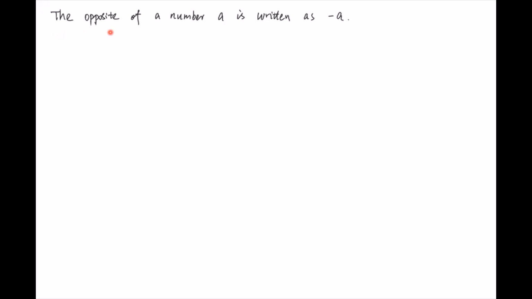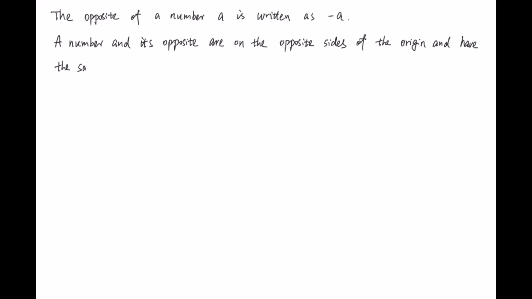The opposite of a number a is written as -a. Right here, a can be negative, positive, or 0. A number and its opposite are on opposite sides of the origin and have the same distance from the origin. For example, you can draw the number line.